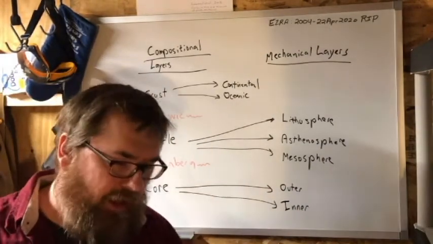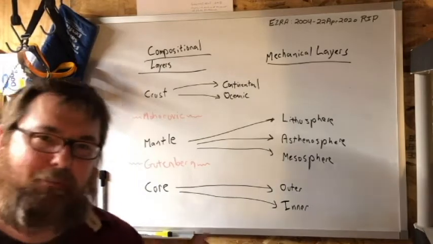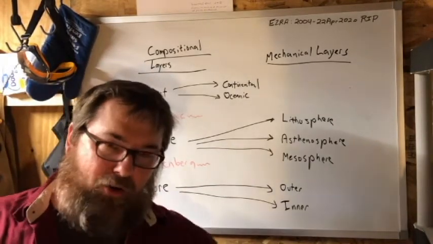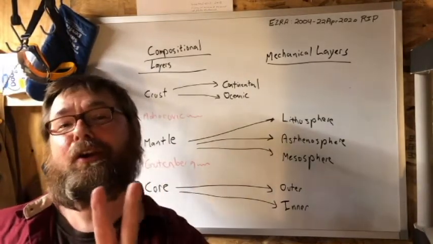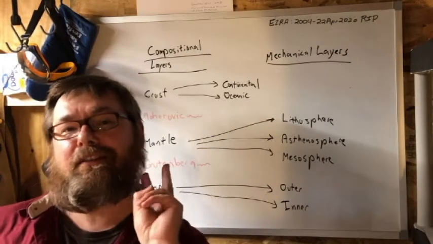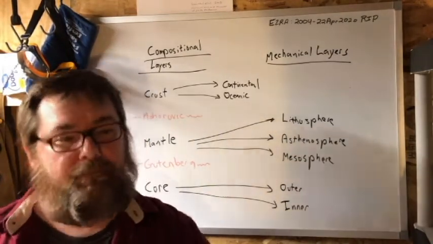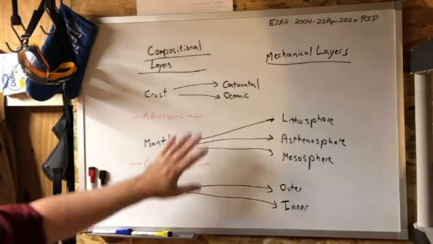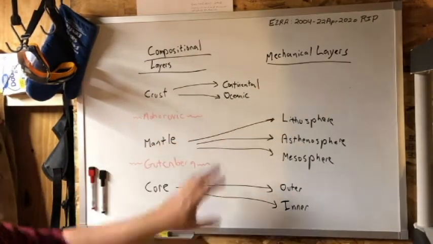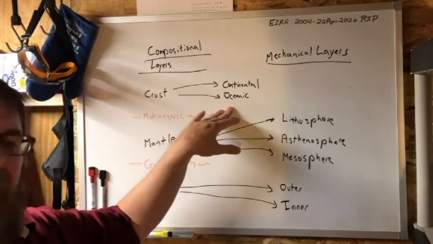And why I say chemicals and not just minerals is because in order to be a mineral, you have to be a solid. And there are 2 places on Earth where we do not have solids, all right? But we'll come back to that. So now we're talking about mechanical layers. But first, you say, oh, continental and oceanic crust.